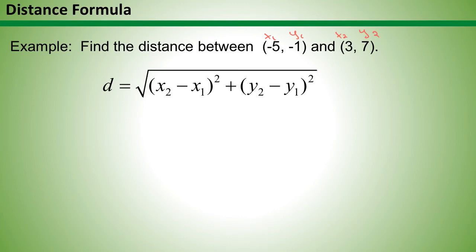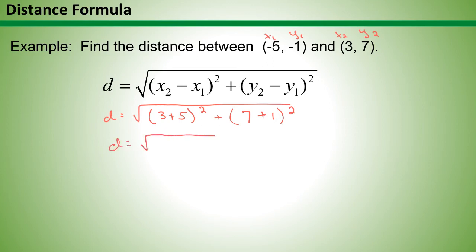So here we have D is equal to the square root of 3 minus negative 5, so that's actually going to turn into 3 plus 5 because of the double negatives, plus 7 minus negative 1, which is actually going to be plus 1 with the double negatives, okay? So now combine inside the parentheses, so d is equal to the square root of 8 squared plus 8 squared.